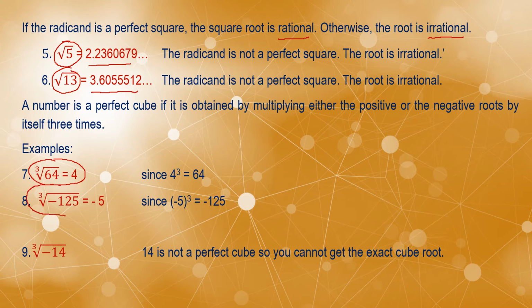Cube root of negative 125 is equal to negative 5, since negative 5 raised to the third power is equal to negative 125. Another example, we have cube root of negative 14. Now in this case, 14 is not a perfect cube, so we cannot get its exact cube root.